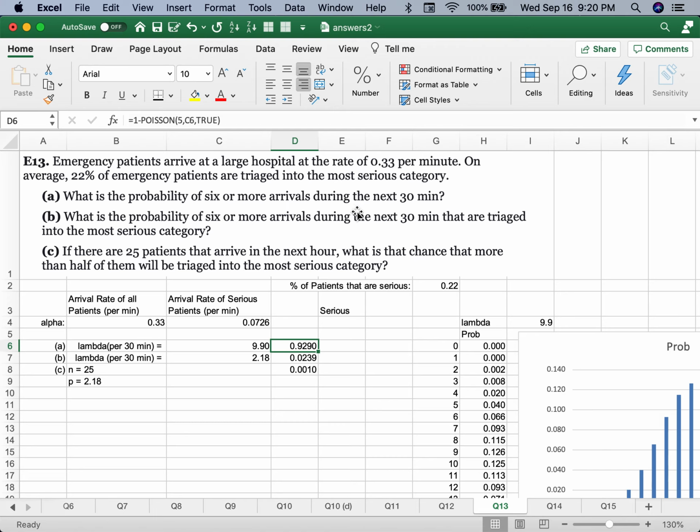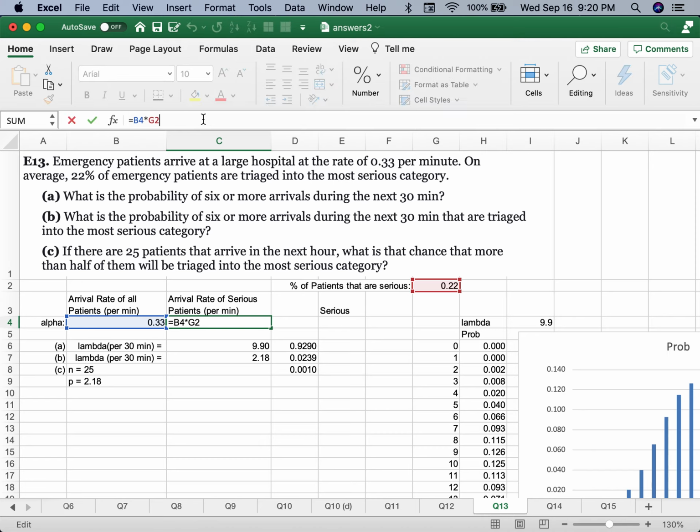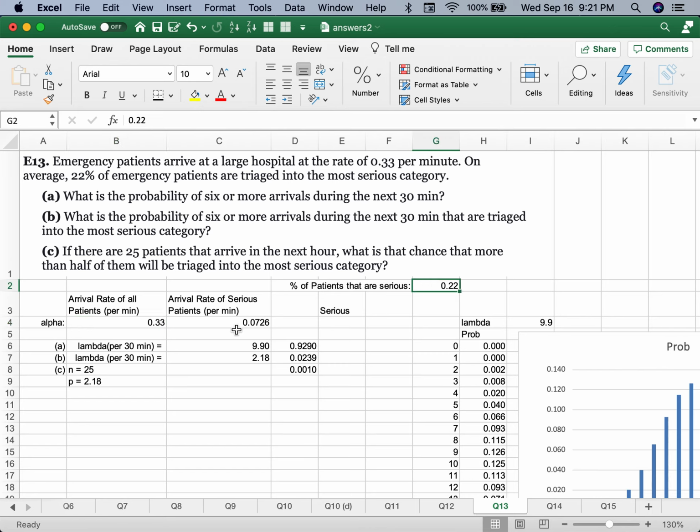Part B, what is the probability of 6 or more arrivals during the next 30 minutes that are triaged into the most serious category? Well, the arrival rate of serious patients is 0.0726. How did we get that? It's 22% of the alpha of 0.33. So we take the arrival rate of regular patients, which was 0.33, and we multiply that times 0.22, and we arrive at the arrival rate of serious patients, which is 0.0726.